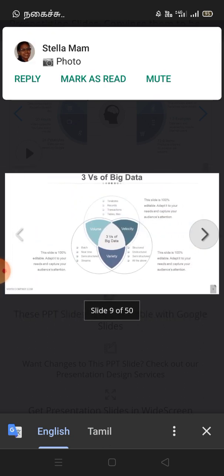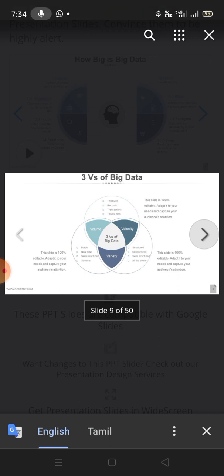And the three Vs of big data are volume, velocity, and variety. Volume is the quantity, defined by terabytes, megabytes, petabytes.